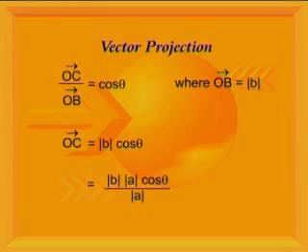Numerator becomes B dot A, as we have defined the scalar product.